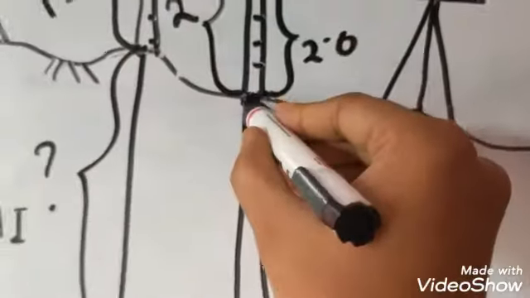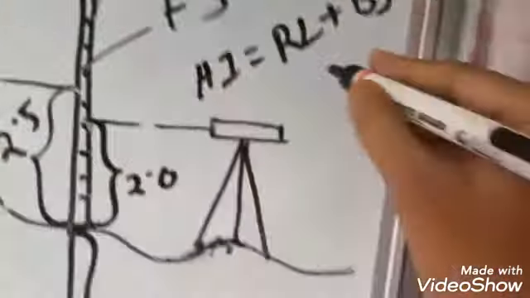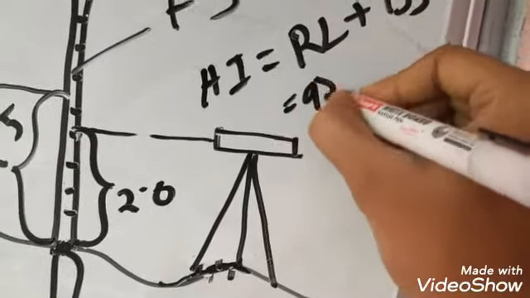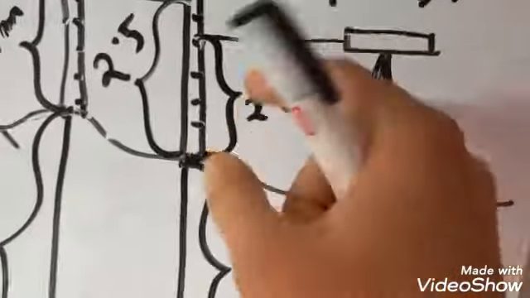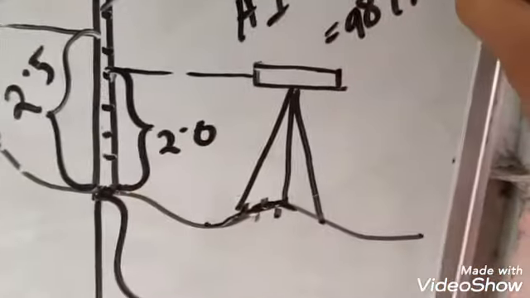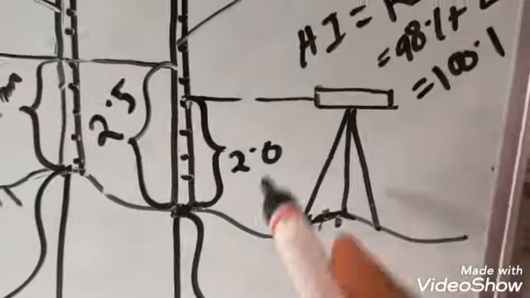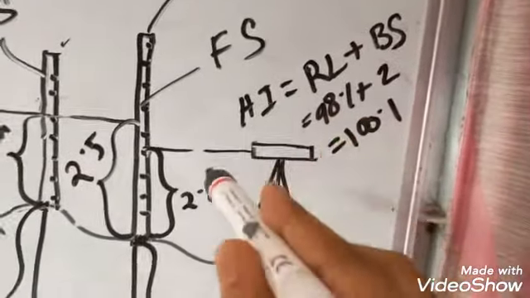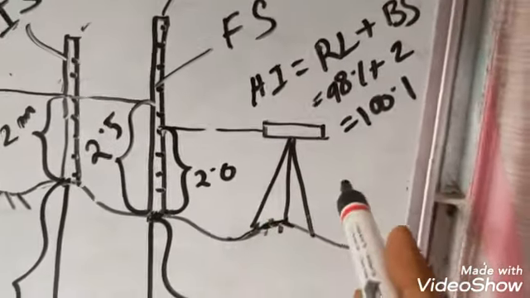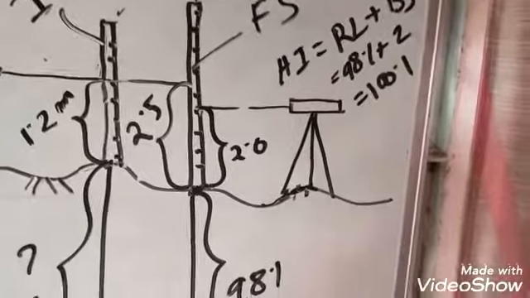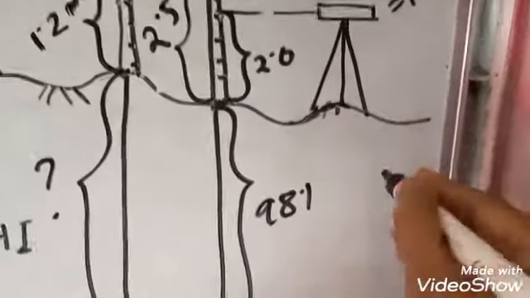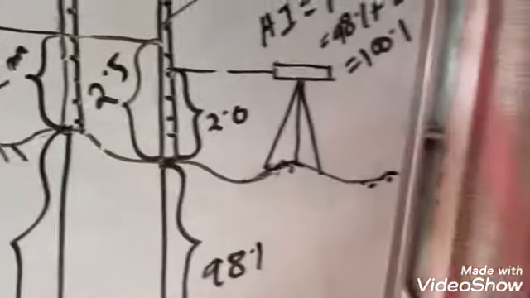So RL of this point is 98.1 which we have already found out, plus the backside reading 2. So ultimately this is 100.1. So 100.1 is the height of instrument, and we'll use this height of instrument to calculate the RLs of the next points.